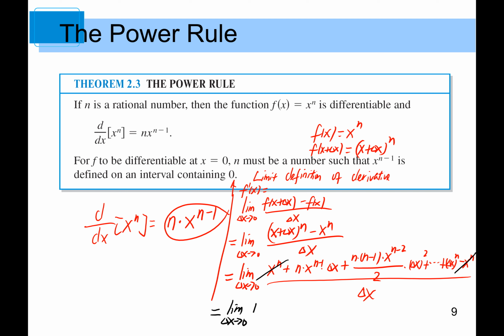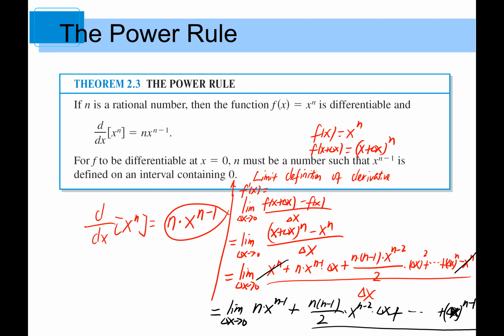So the first term becomes n times x to the n minus 1, as delta x gets cancelled. Whatever remains will include delta x to a power. As you can see, starting from the second term, every one of these will contain a delta x.